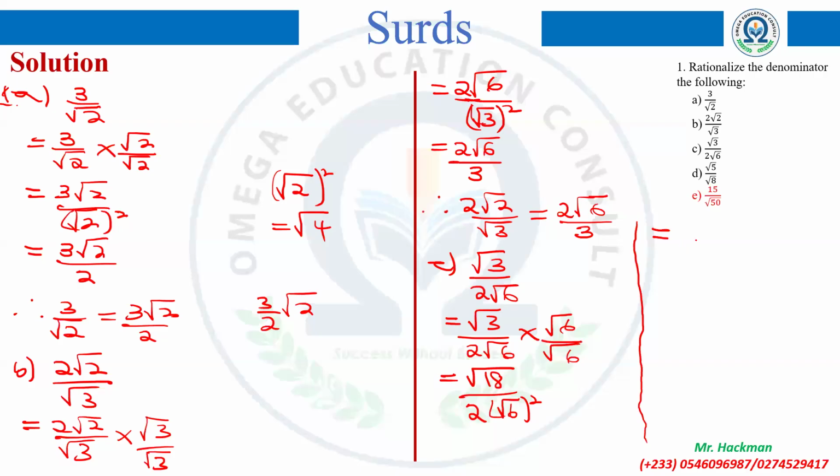So this will be equal to, in my numerator, I can simplify because root of 18 is not in its simplest form. So that will give me root of 9 times 2. Are you with me? All over my denominator. As you are simplifying the numerator, if you can simplify the denominator too, do it at the same time.